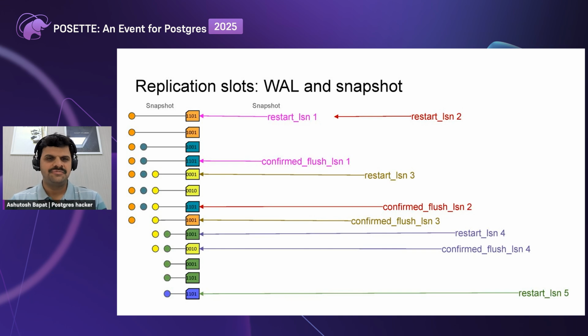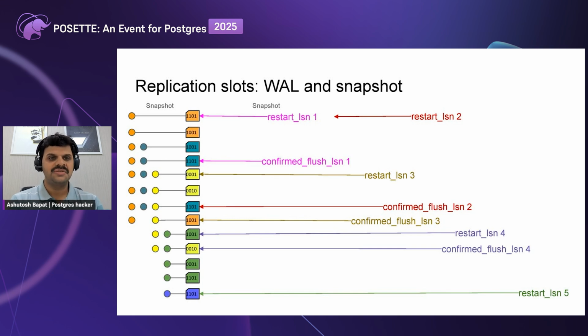Let's dive more into the actual mechanism of how the replication slot holds the LSN, holds the WAL back, and what its impact is.